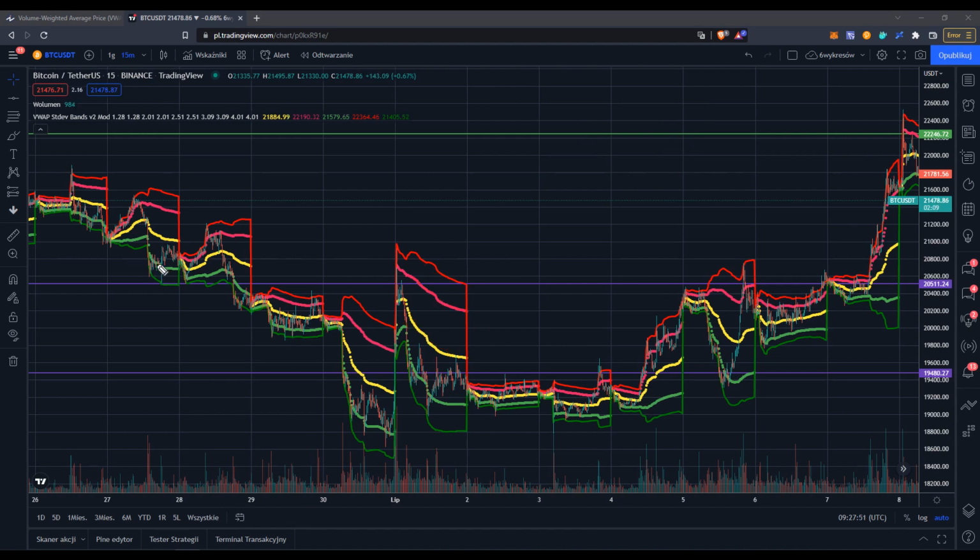As you can see, it wasn't a surprise that we've seen another attempt to rally where the line and the VWAP band are talking together, I would say. We have a confluence, and as you can see, we've seen another strong rejection.